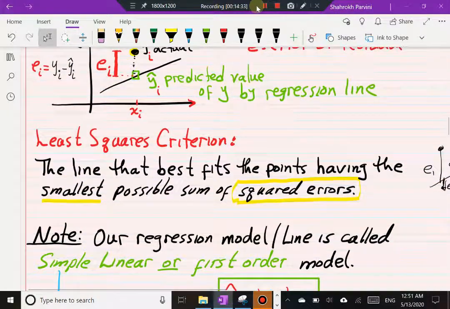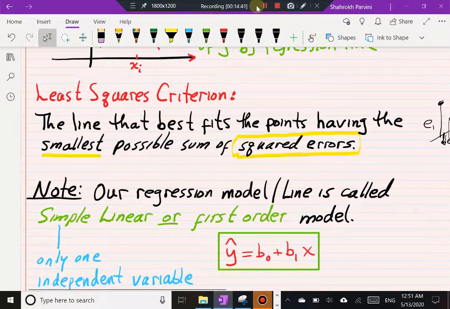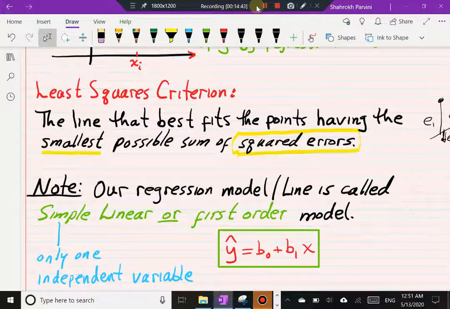So now the regression model that we're working with in this course is called a simple linear or first order model. This is the simplest of all the regression models that we're going to look at. Regression is a serious topic in statistics, and it's very, very vast, so we're just going to scratch the surface a little bit here. We're going to look at the simplest linear model just to get you familiarized with the idea of prediction.